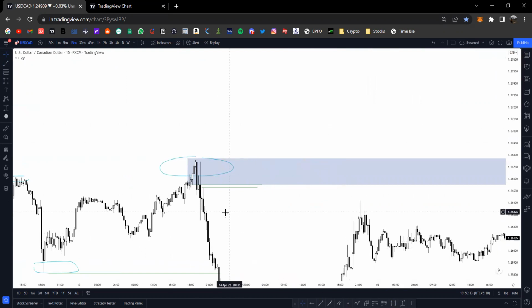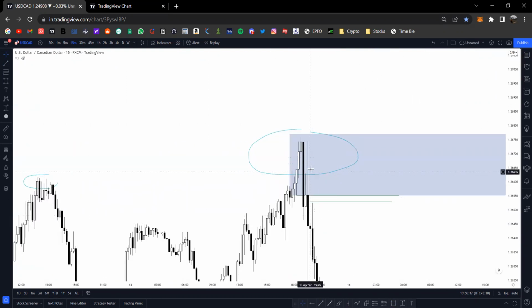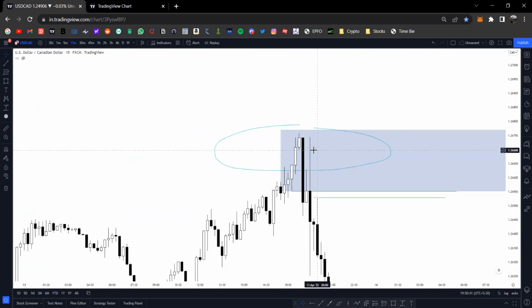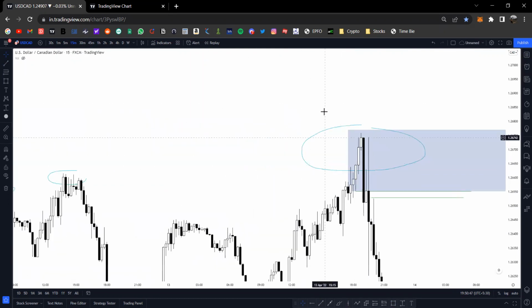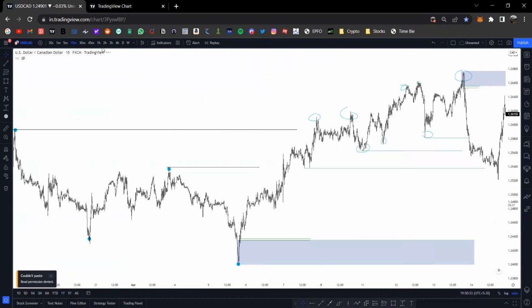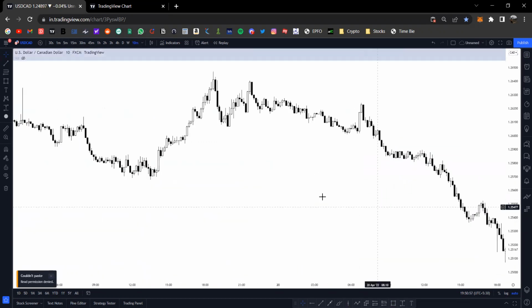So you see on lower time frame, this June has already been mitigated. This wick has taken out, mitigated this high as well. So we won't consider this high now for sells. If we can find something on lower time frame, we can, but unmitigated zone only.